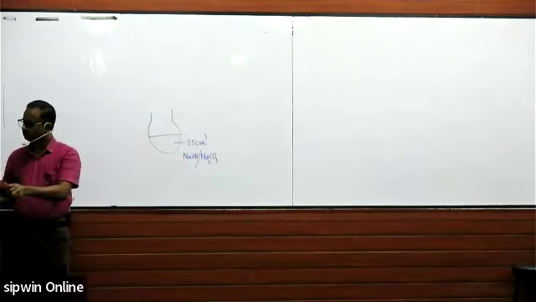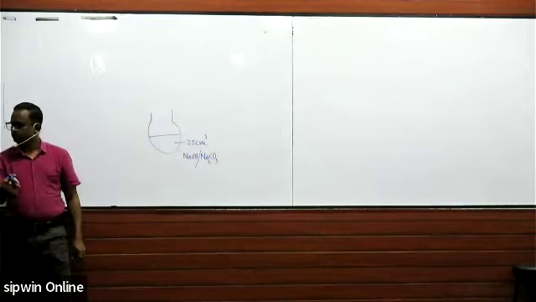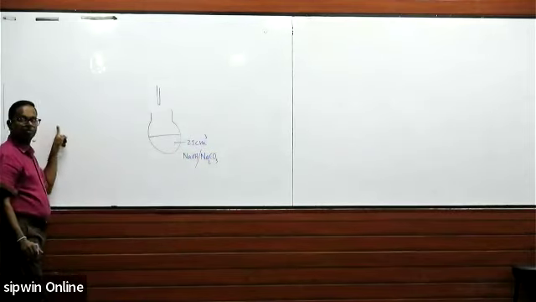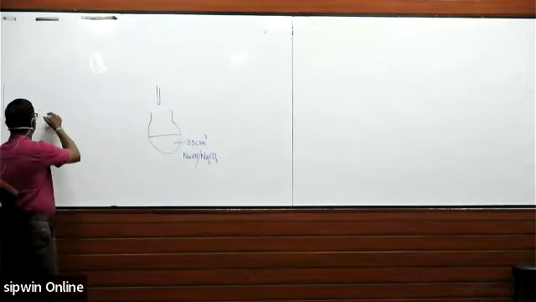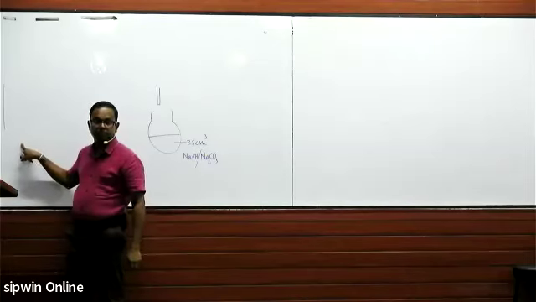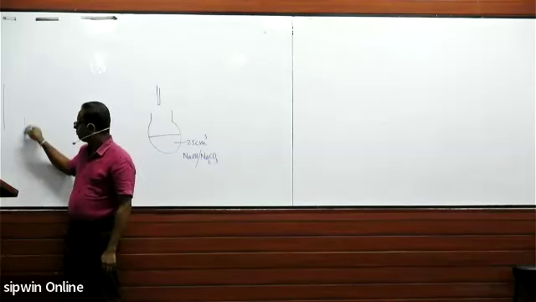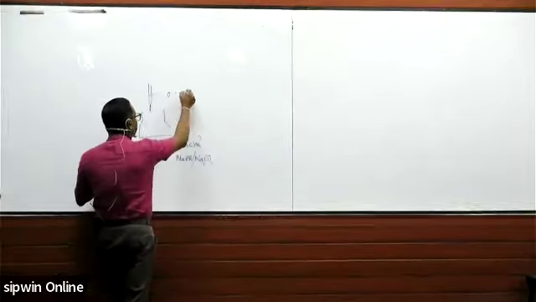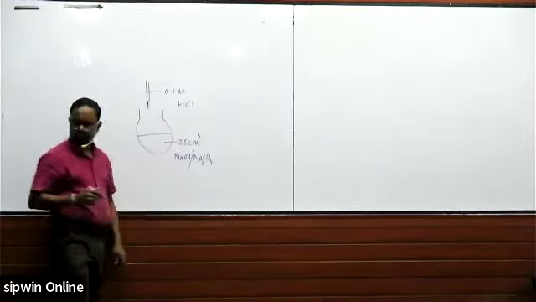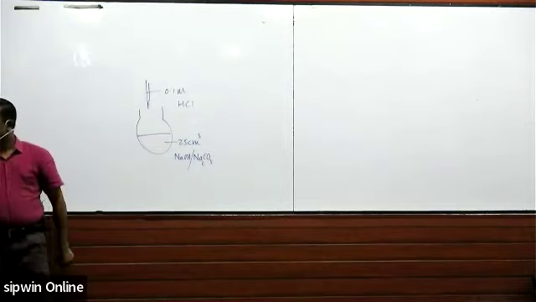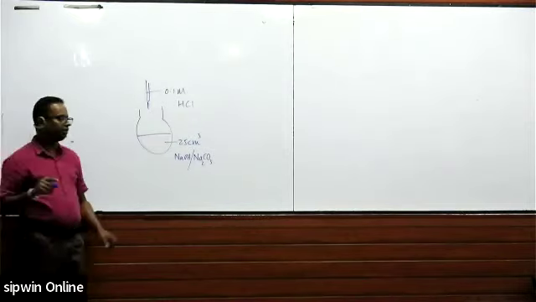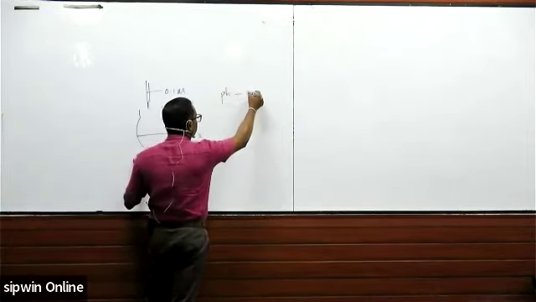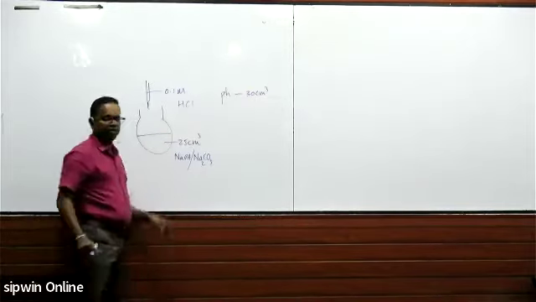Right. 0.1 M HCl with that one. Here it says phenolphthalein as the indicator. So when the phenolphthalein is there, 30 cubic centimeters consumed. It's given like that way.